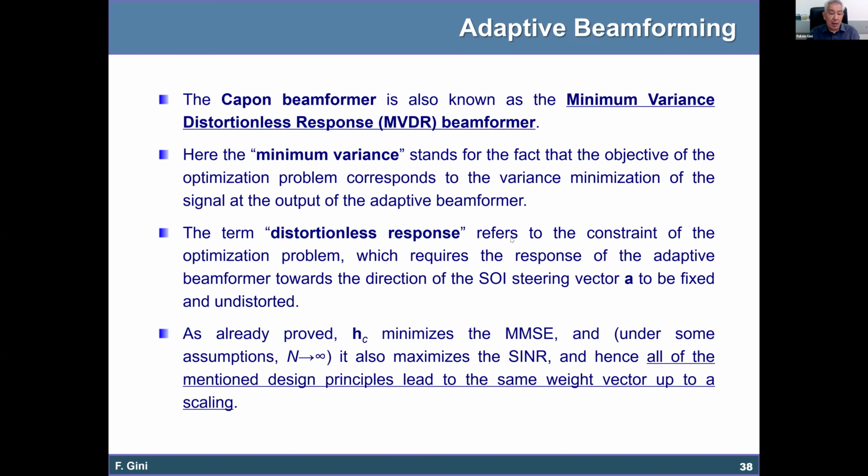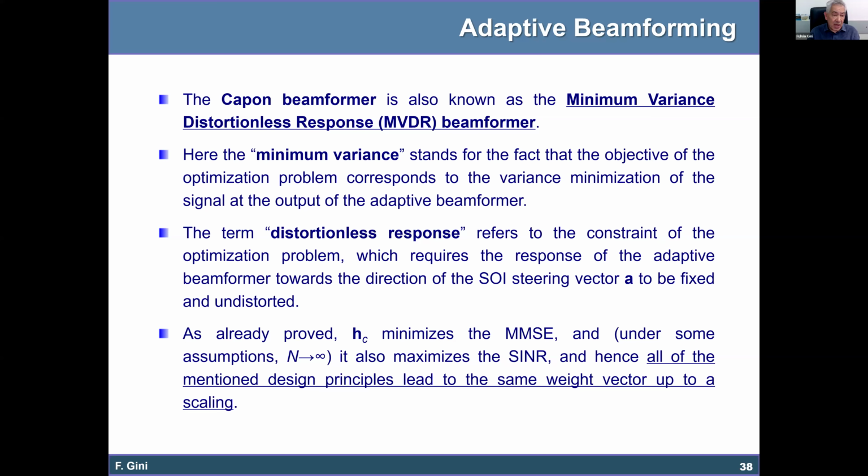Then we make it adaptive by replacing the unknown Ry with the sample covariance matrix. This adaptive beamformer is very frequently called the minimum variance distortionless response beamformer. So the MVDR and Capon are exactly the same.